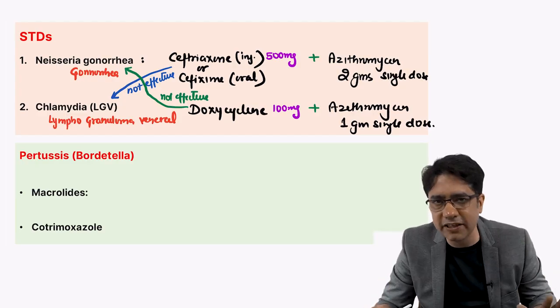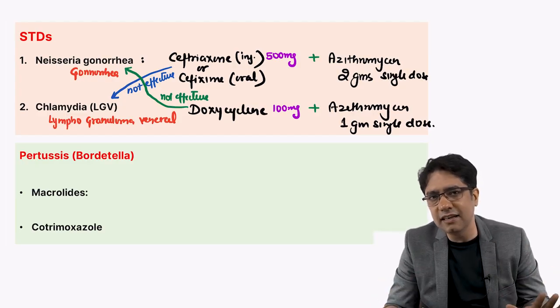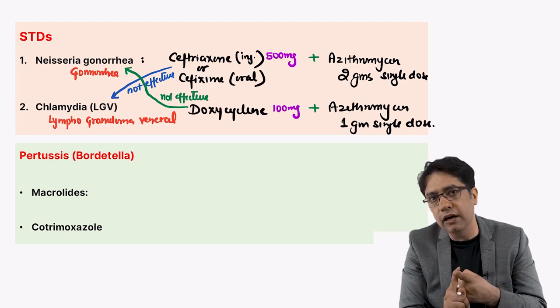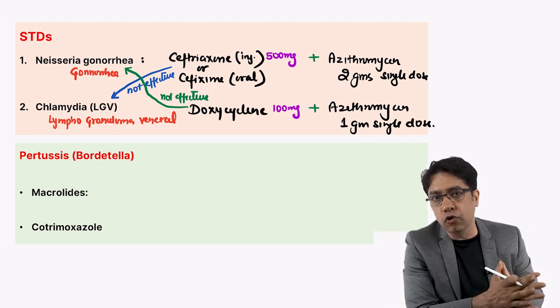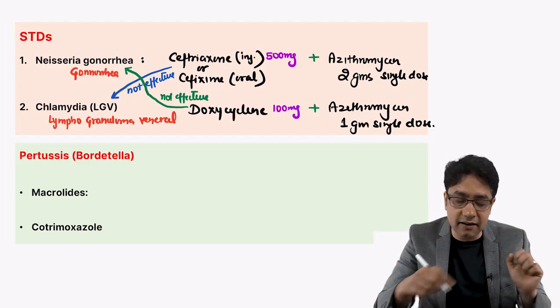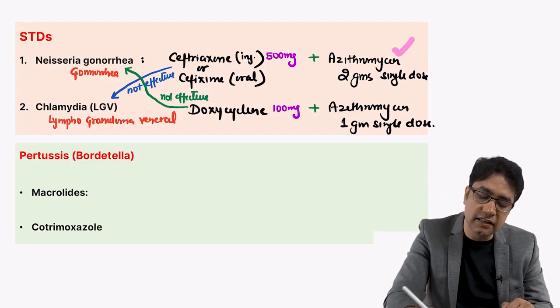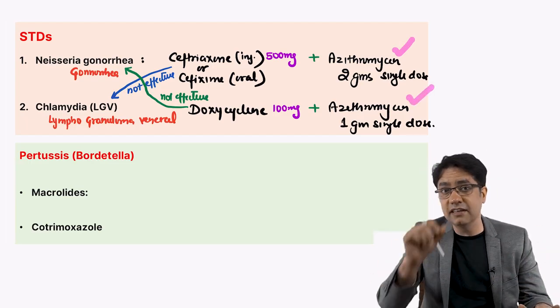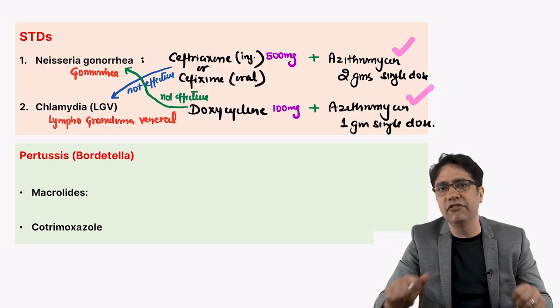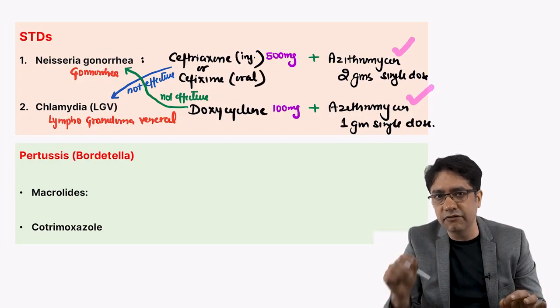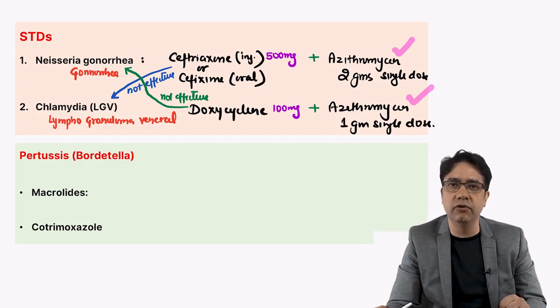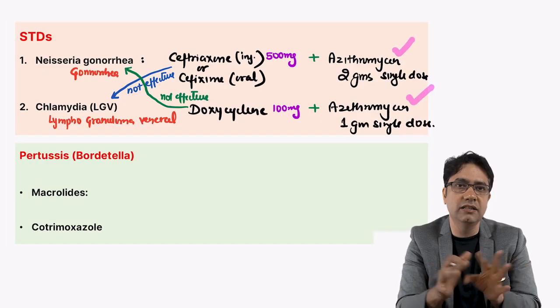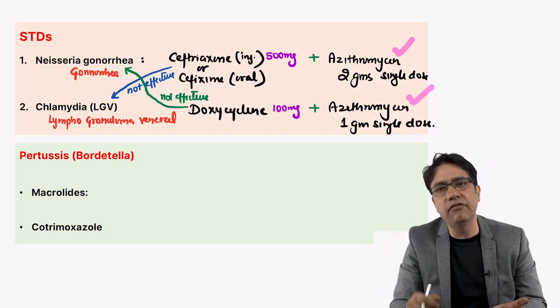So if I ask you a question, which drug is effective in gonococcal and non-gonococcal STDs, the single drug you can give is always and always azithromycin, effective in both cases. And if I ask you a question, there is a mixed infection, in that case, which dose of azithromycin will you give? 1 gram or 2 gram? If there is a mixed infection, sir, we will give 2 grams.